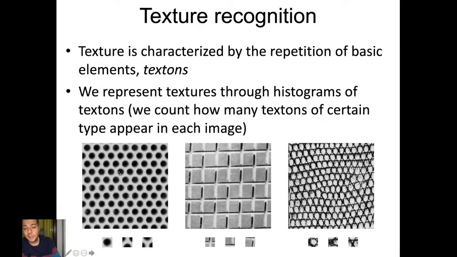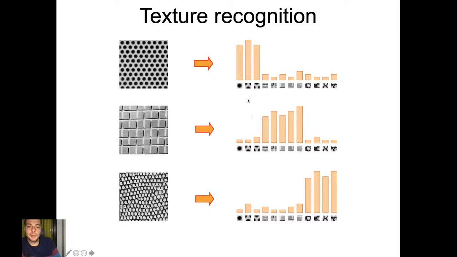So for example, in this image we can extract these textons. For this image we extract these textons, and from this image we extract these ones. And then these are the visual words or the textons that we can use to represent these textures.